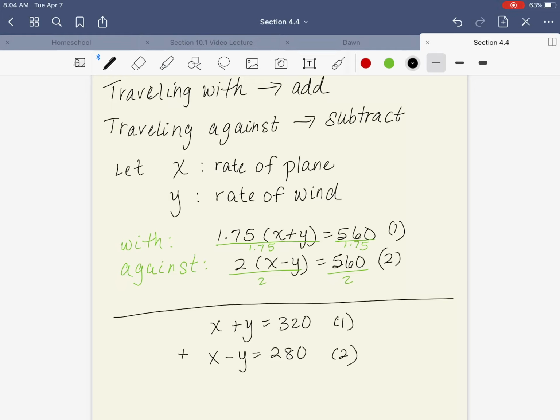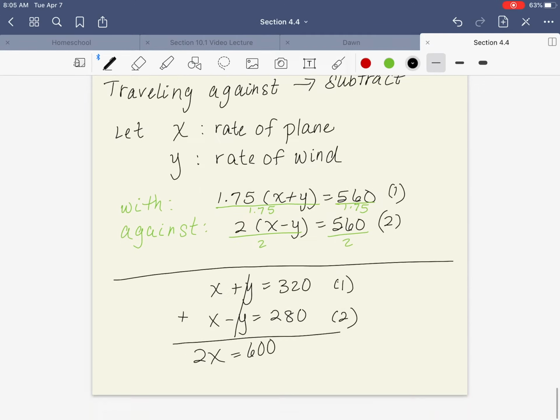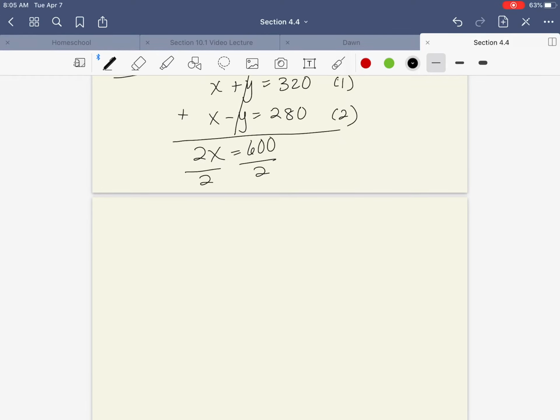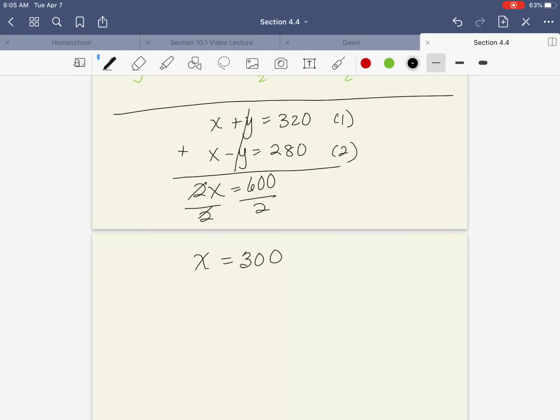Okay, so now we can do elimination easily because the y's would cancel out, and we get 2x is equal to 600. Then divide both sides by 2. And you get x is equal to 300. Then you can plug that back into either equation.